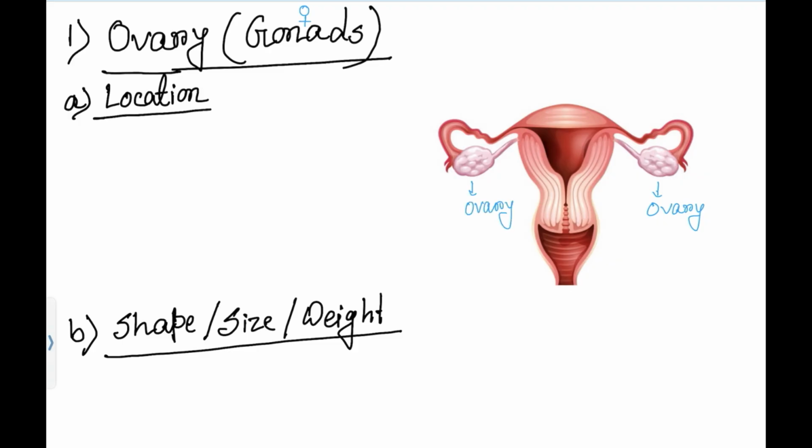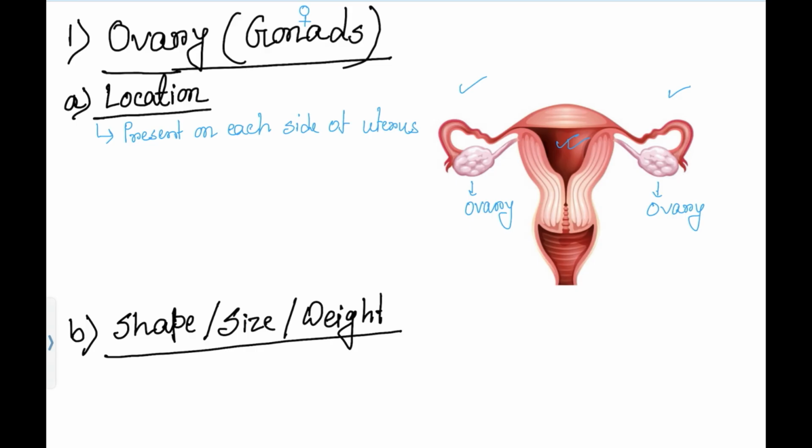First we will discuss the location of the ovary. Where is it situated? It is present on each side of your uterus. Here you can see this is the uterus, and on both sides, one ovary is situated.